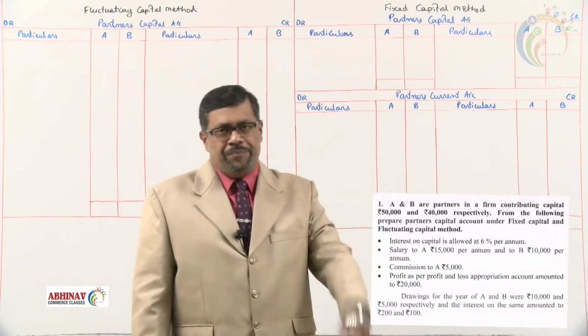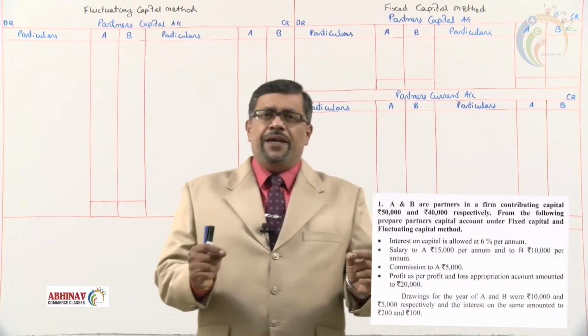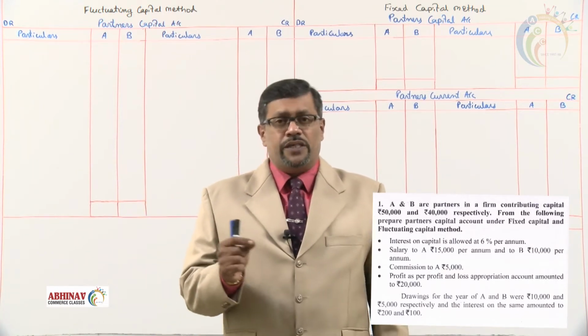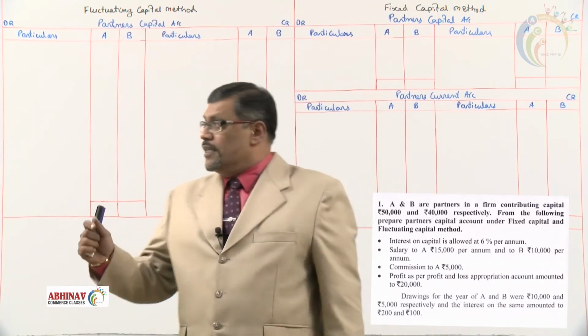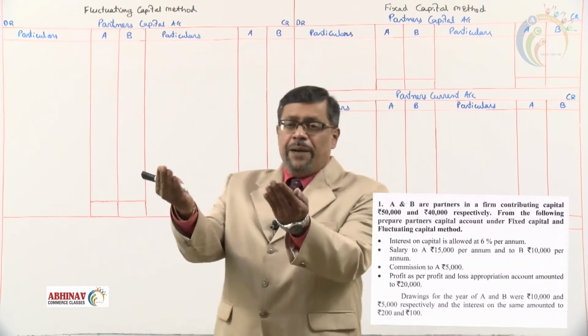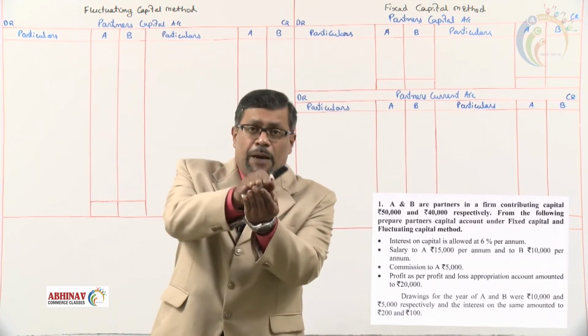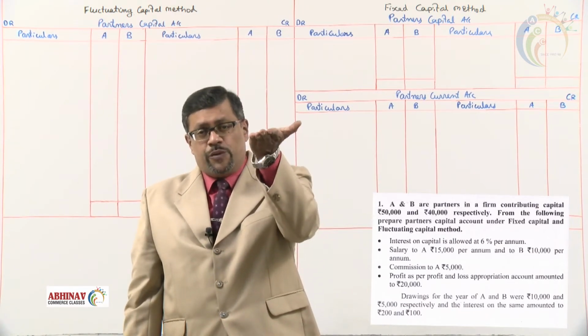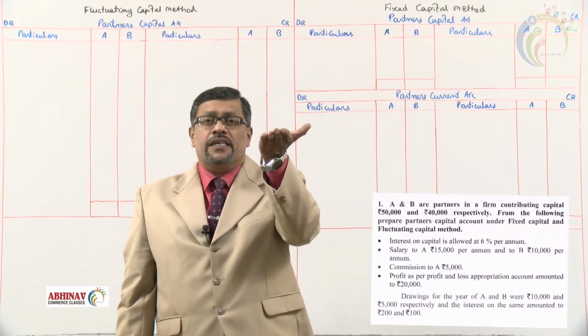The first problem: A and B are partners in a firm, contributing capitals 50,000 and 40,000. Right now, there are no capitals. When A and B contribute capital, capital comes in. Capital comes in the business means capital balance will increase.